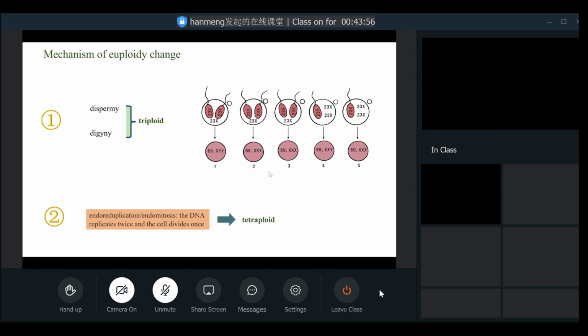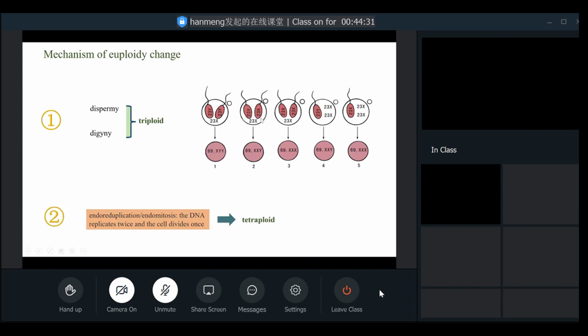Due to the mechanism of the euploid change, first, it will form the triploid. It is due to dispermy or digyny. As the picture shows, maybe 2 sperms enter 1 egg cell. Then the karyotype is XYY with 69 chromosomes.